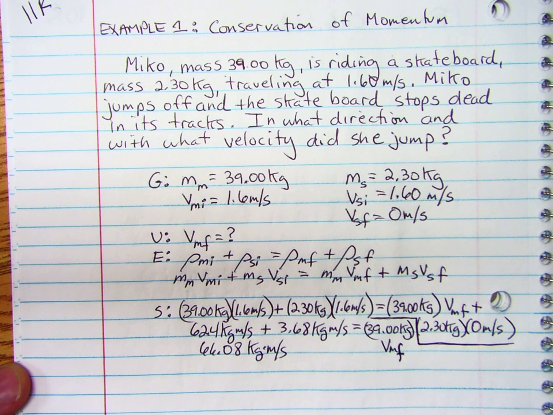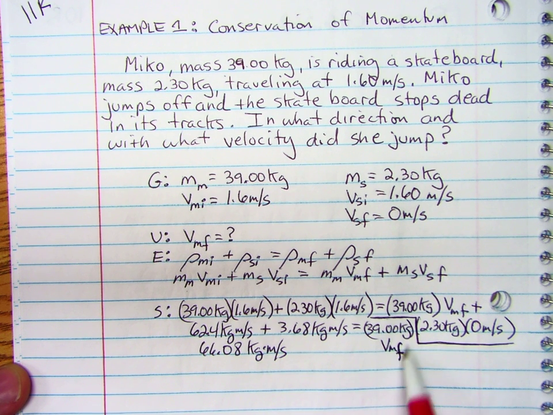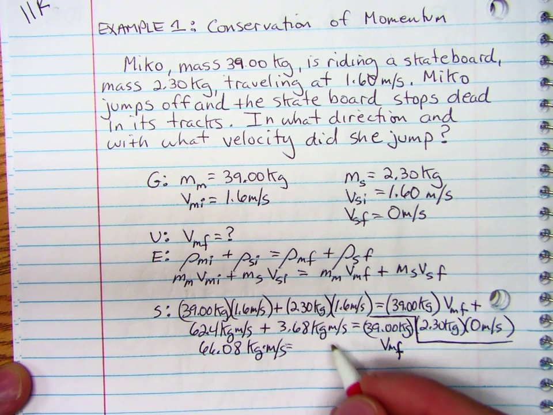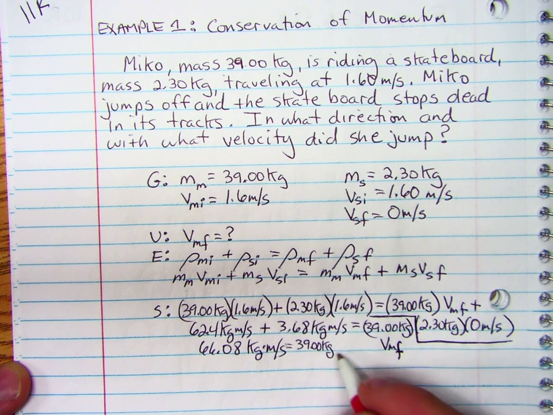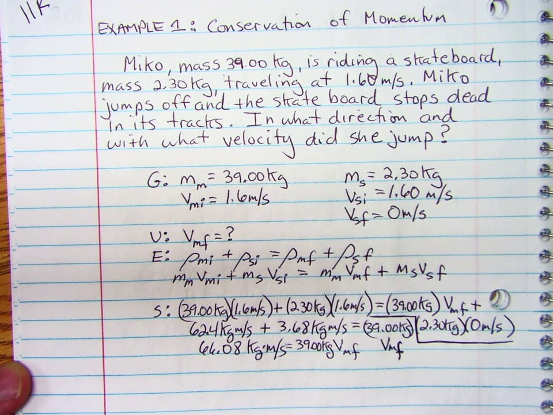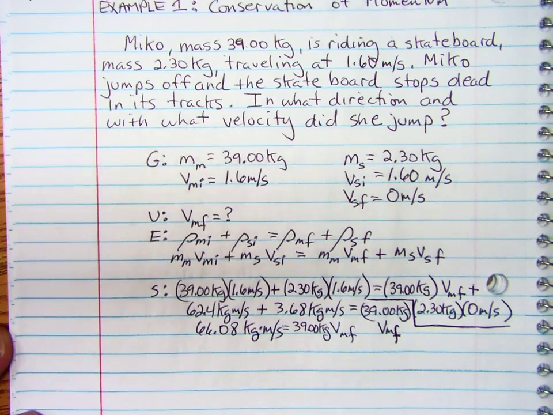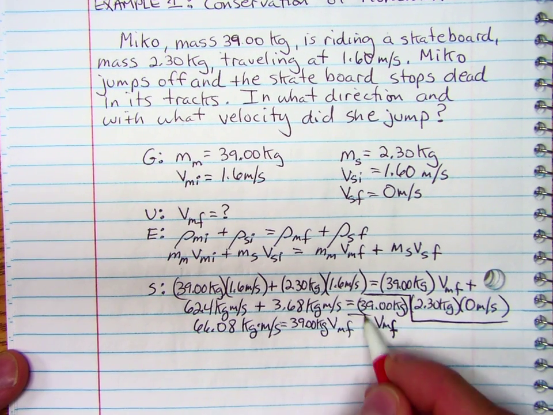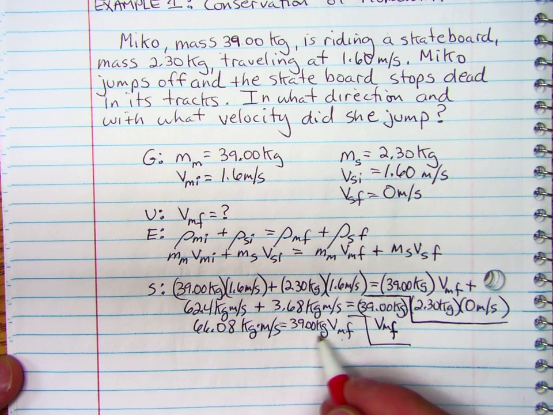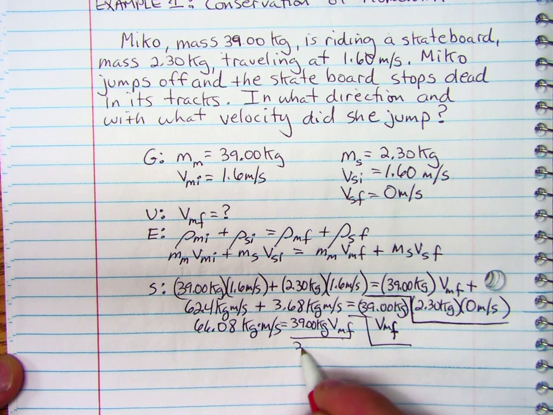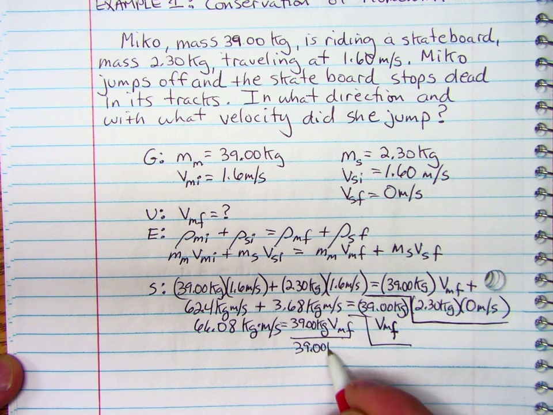And that is equal to this value here, 39 kilogram VMF. Remember, this is part of this here. Okay, how do I get VMF by itself? Well, divide both sides by 39.